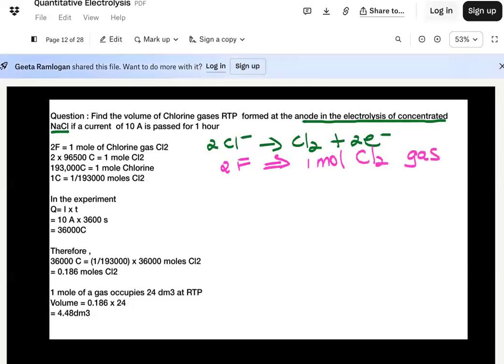Do you guys agree? All right, well, work it out then. Work it out and let me know if you are getting this value for this amount of moles. Work it your way.